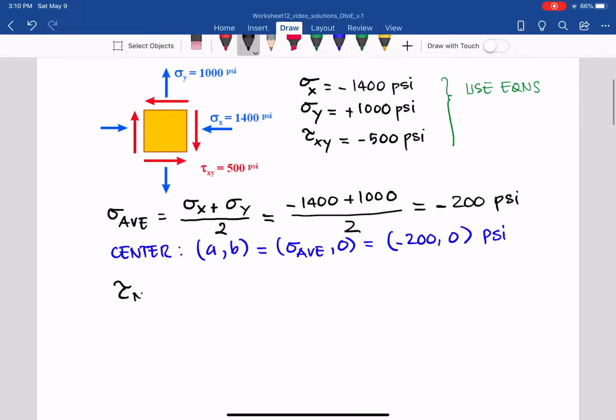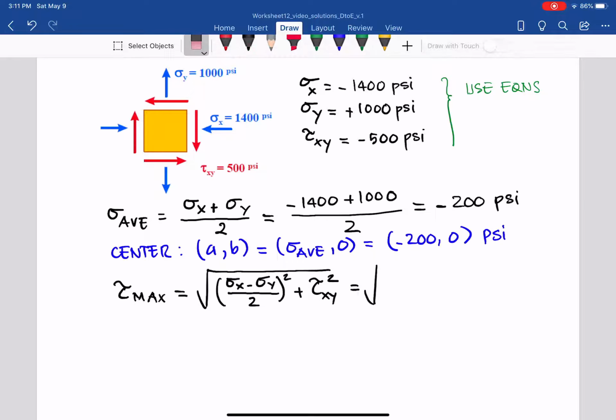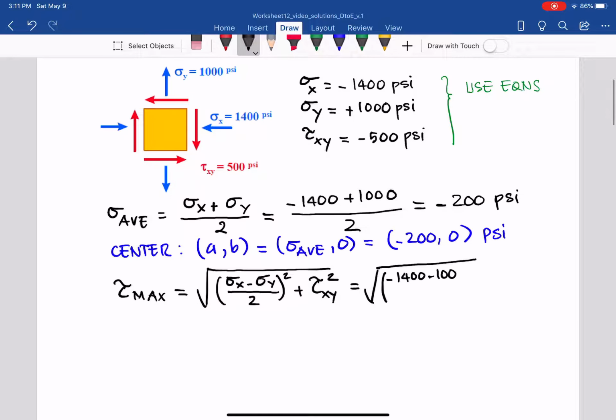So tau max equals the square root of sigma x minus sigma y over 2, squared, plus tau xy squared. Plugging the numbers in, negative 1400 minus 1000 divided by 2, squared, plus negative 500 squared, and that is actually the radius.